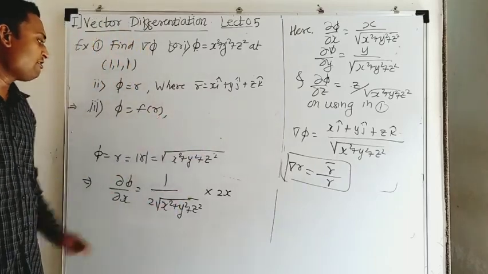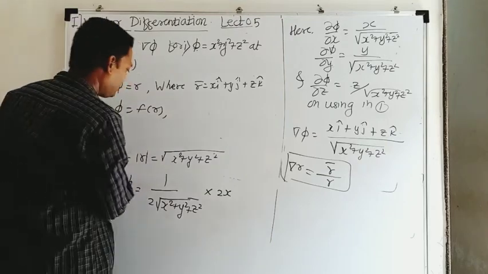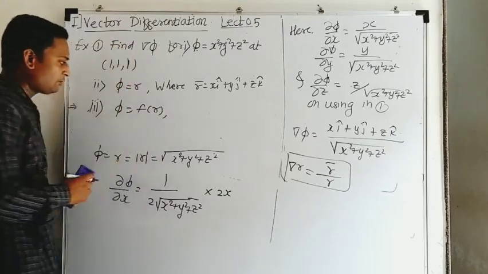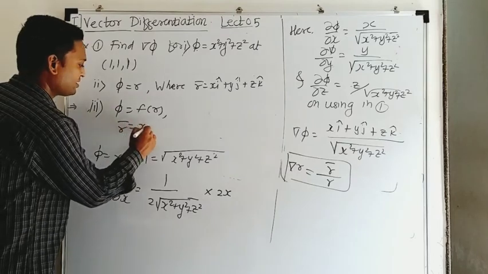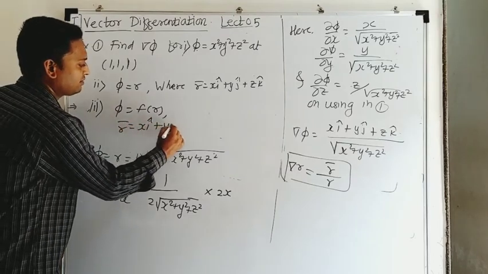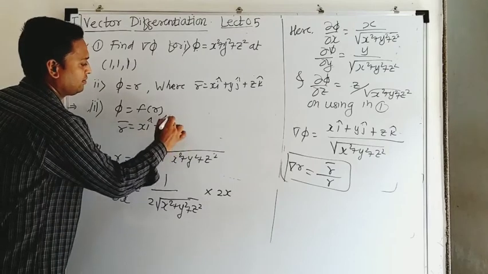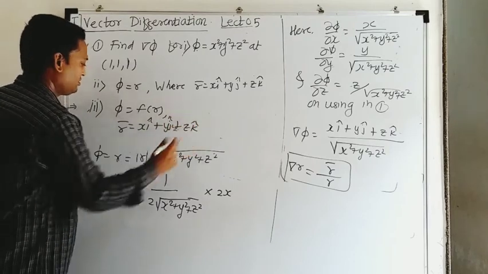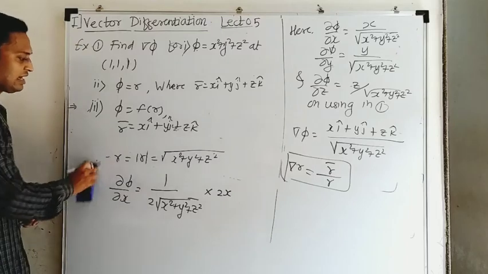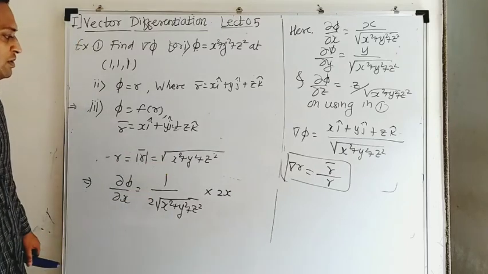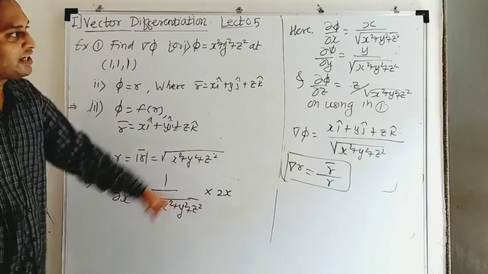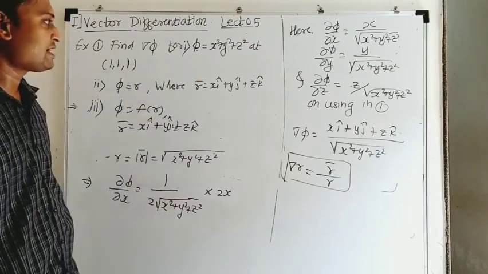When we have a function of some variable, by the rule we can write this again, where r bar is xi plus yj plus zk. This is given. Therefore r will be equal to magnitude of r bar, which is root of x square plus y square plus z square. These derivatives I will write again because we will need them in this example also.